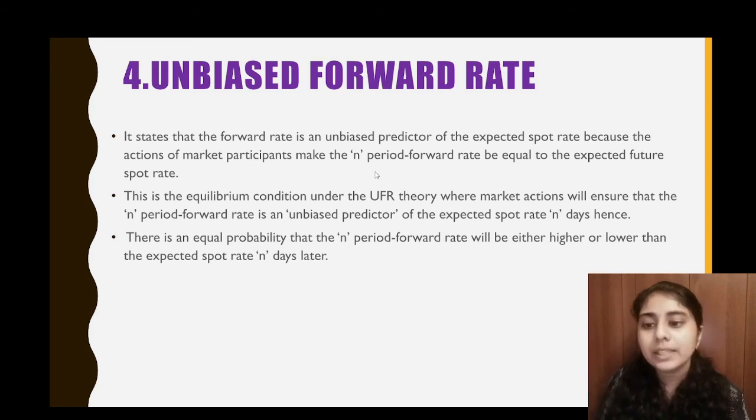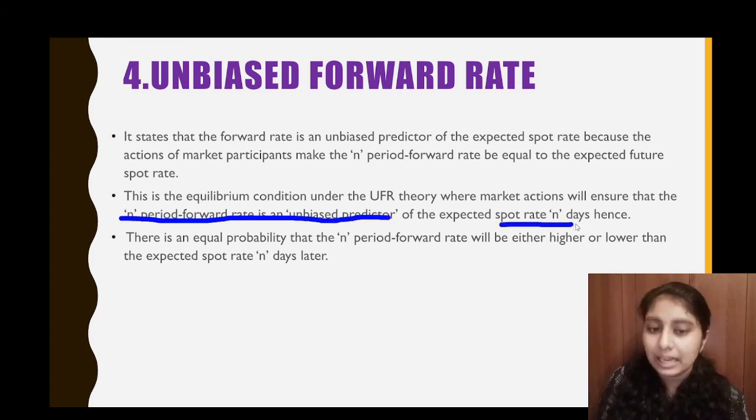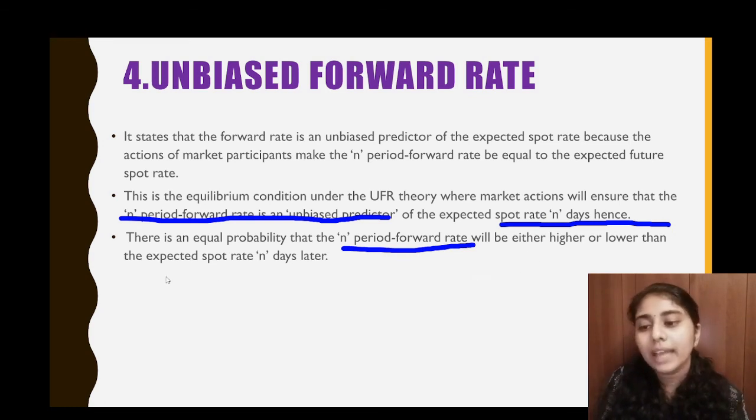This is an equilibrium condition, where market action ensures that the end period forward rate is an unbiased predictor of the expected spot rate n days hence. So there is an equal probability that the end period forward rate will be either higher or lower than the expected spot rate n days later.